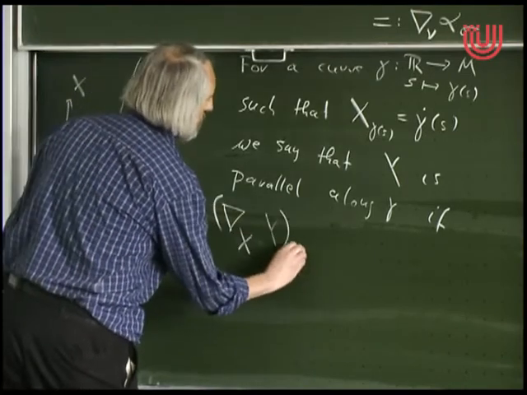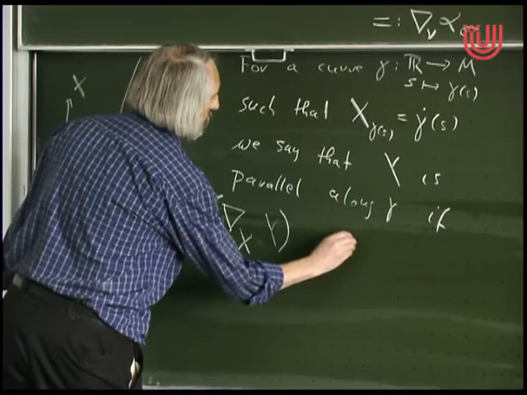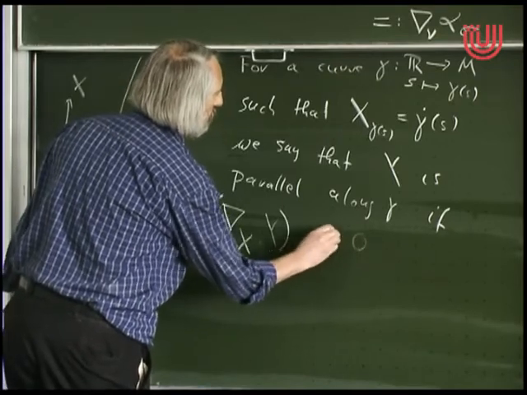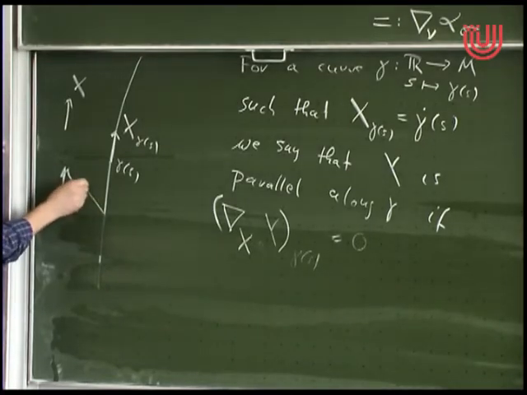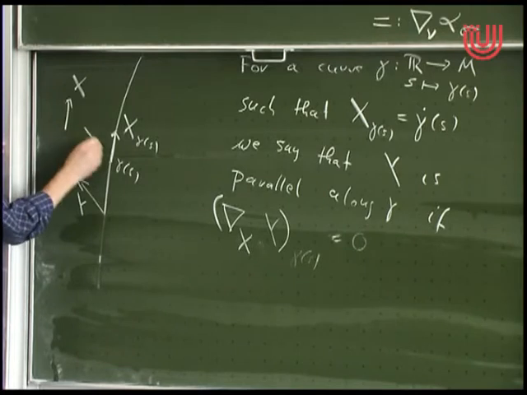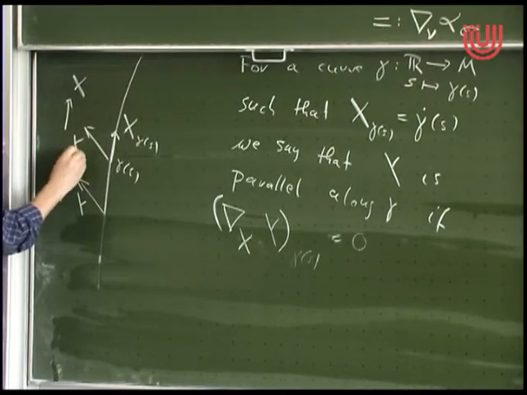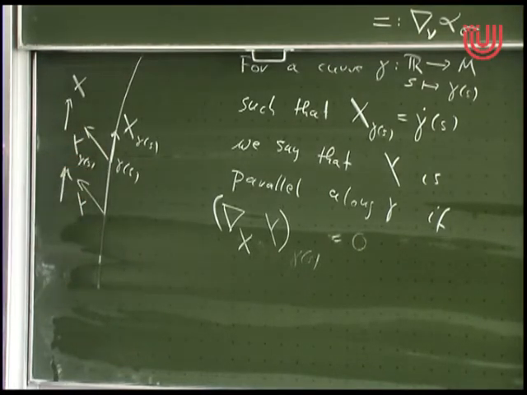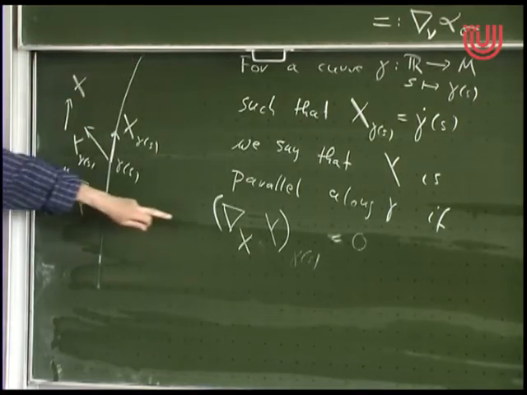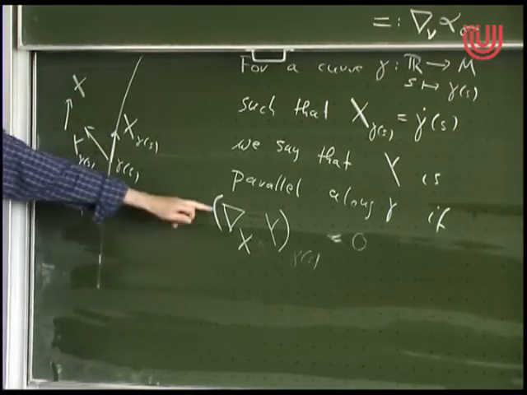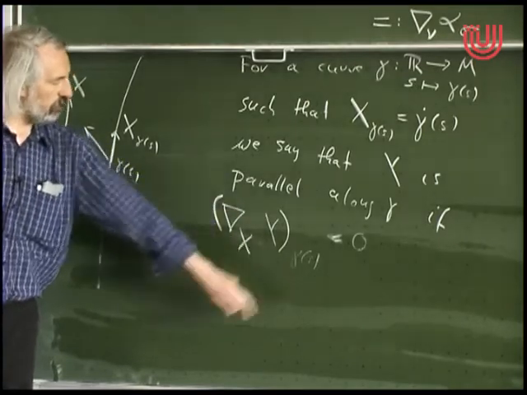So if I evaluate this along the curve, then I should get 0. So y is something like this. I have my y here, so at this point I have y of gamma of s. And I say that y is parallel along this curve if this equation holds, if del x y is 0 along the curve.